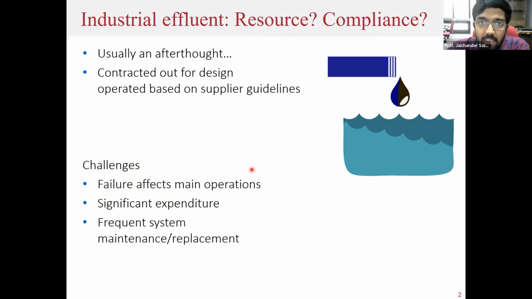I think the outputs will certainly be better, but currently it's more about managing the regulatory aspects. The effluent management and the effluent treatment is usually an afterthought, and it is contracted out for design from outside suppliers. So I feel there is scope for a big picture or overall optimization of this area.